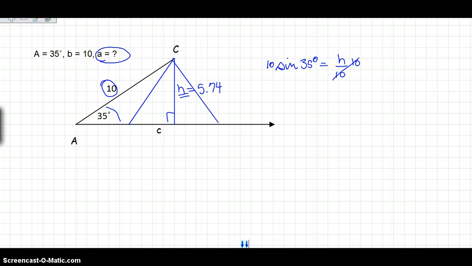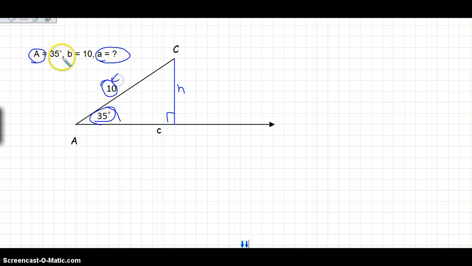So let me go back and clear some of this off and generalize this. Okay, so generalizing this. This angle, I'm just going to call angle A. This segment, I'm going to call B. And if I set up the same sine ratio, the sine of angle A is equal to H over side B, now not 35 degrees.